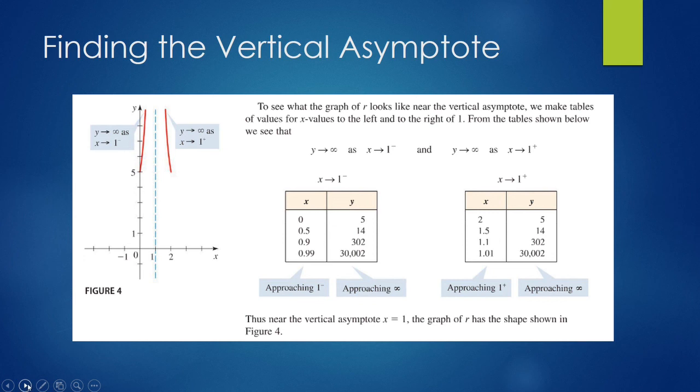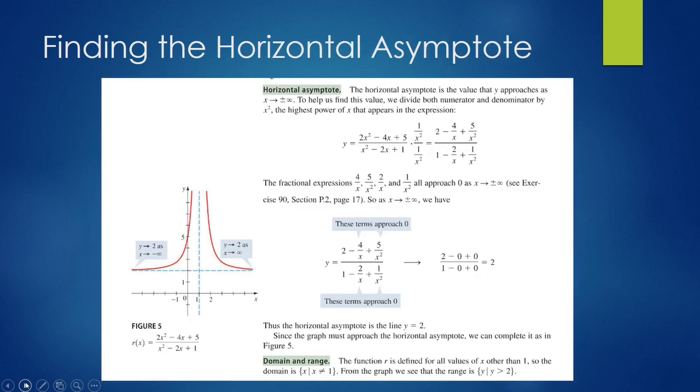We need to continue to find our horizontal asymptote. So the horizontal asymptote, as you look at this, you have your fractional expressions, 1 over x, 4 over x, 5 over x squared, 2 over x, and 1 over x squared. Those all approach 0 as x goes towards positive or negative infinity.